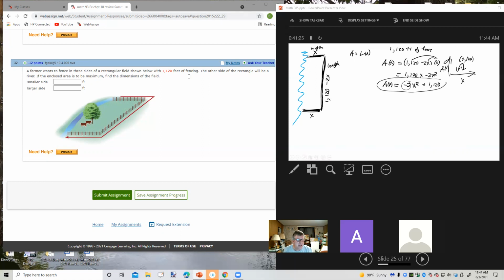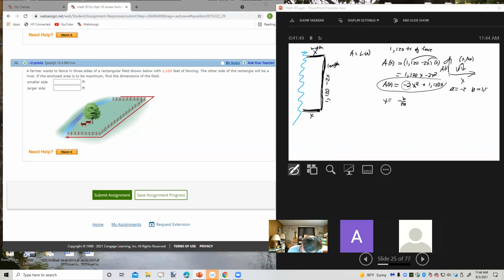It actually doesn't even ask for it. It says, if the enclosed area is to be maximum, find the dimensions. So I need to find X. Well, X is going to be the input value of the vertex, right? So that's going to be negative B over 2A. And in this case, A is negative 2, and B is, oh, I left off an X there.